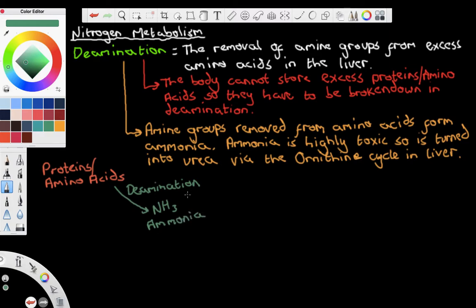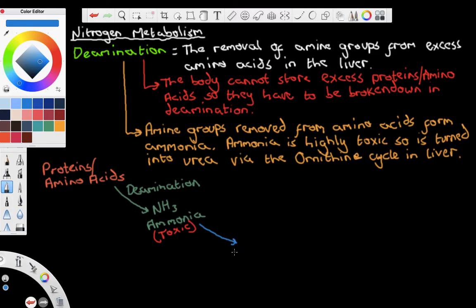Ammonia is toxic, so I'm going to put underneath here in brackets that it is toxic, and I'm going to put it in red so that it stands out. This then needs to be converted into what's known as urea in the ornithine cycle.